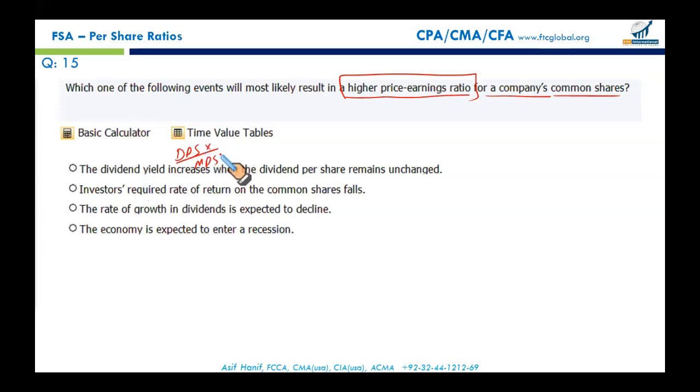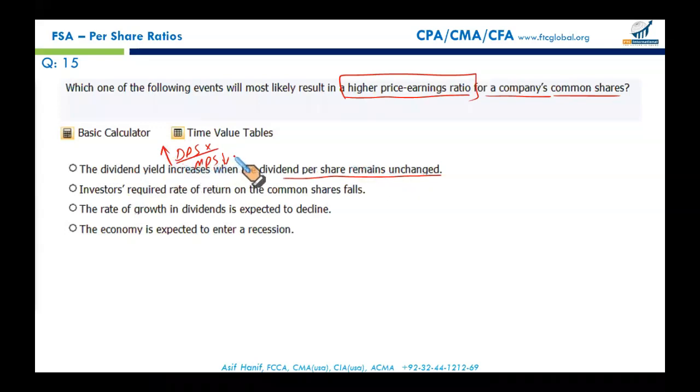It can only increase if the market price per share falls. If the market price per share falls, the denominator becomes smaller. Dividend per share cannot change because it says the dividend per share remains unchanged. So when the market price per share falls, dividend yield increases, which makes this option correct.